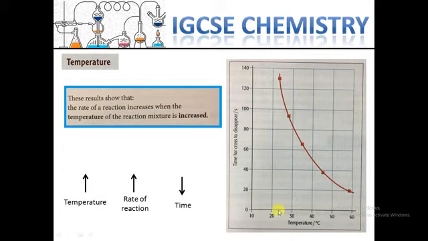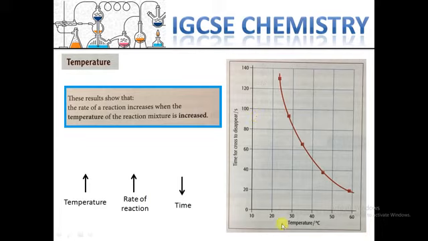Here there is one example: at a temperature of 23 Celsius, your sample will take about 130 seconds to disappear. At the second temperature, 28 Celsius, it will take, for example, 95 seconds for the cross line to disappear.